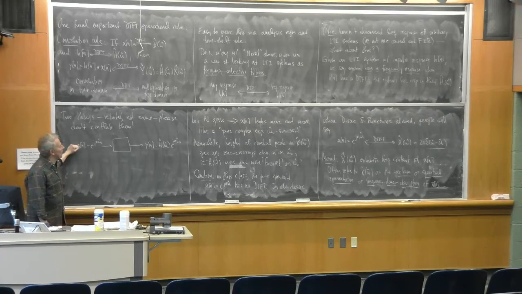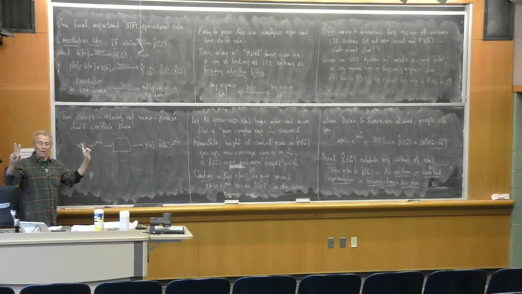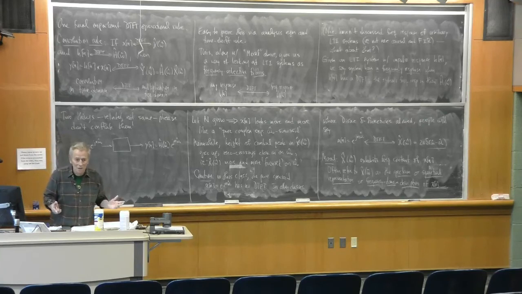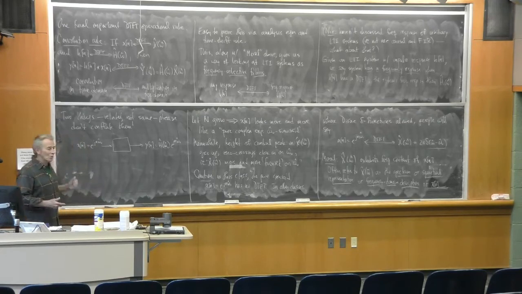This is the picture. E to the j n omega hat goes in, h hat of omega hat e to the j n omega hat comes out. Here I'm just pinning down omega hat to some omega 0 hat. So this is the eigen-input thing, remember? For LTI systems, e to the j n omega 0 hats were like eigeninputs. You put one in, what comes out is a constant times it. Sure enough, that's the case here for any LTI system with a frequency response. That's one picture. So let's call that single star.